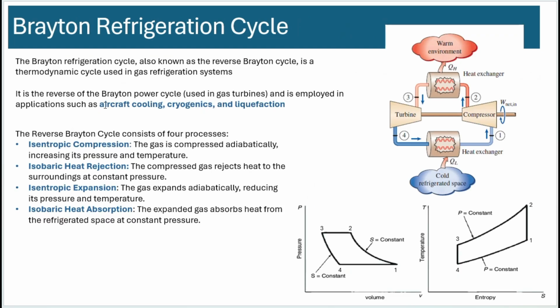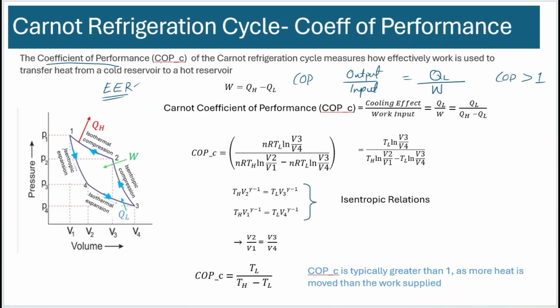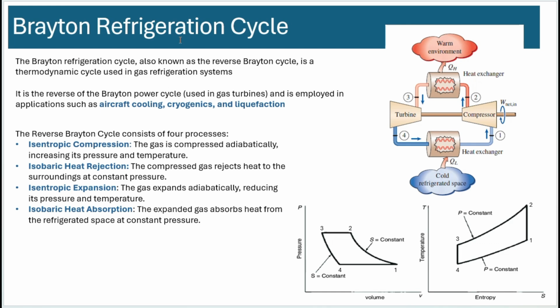All right. So the next refrigeration cycle, other than the Carnot refrigeration cycle, is the Brayton refrigeration cycle. It's also known as the reverse Brayton cycle, Bell-Coleman cycle, and sometimes the Joule cycle. These cycles are primarily used for aircraft cooling, cryogenics, and liquefaction.